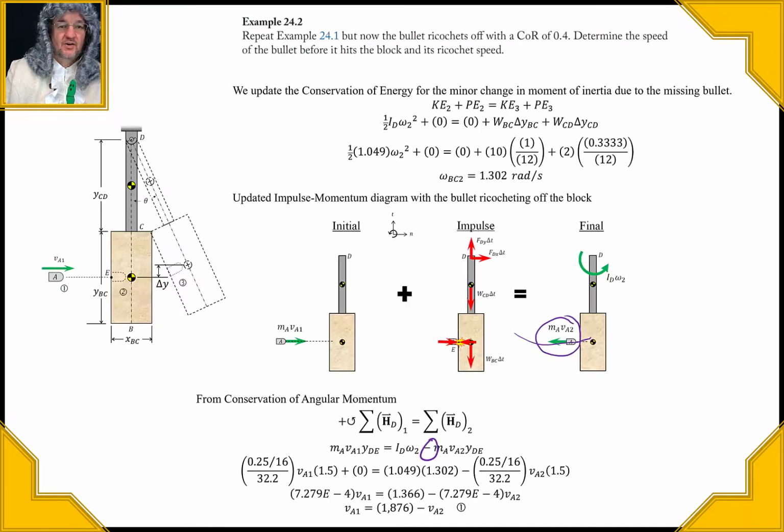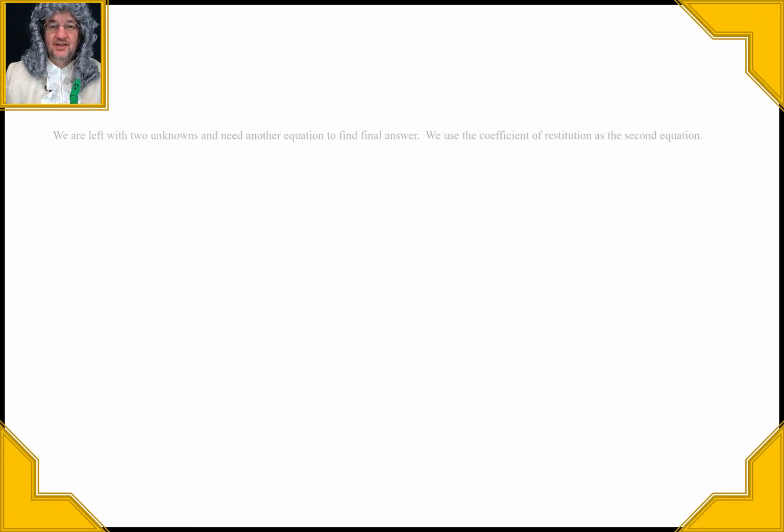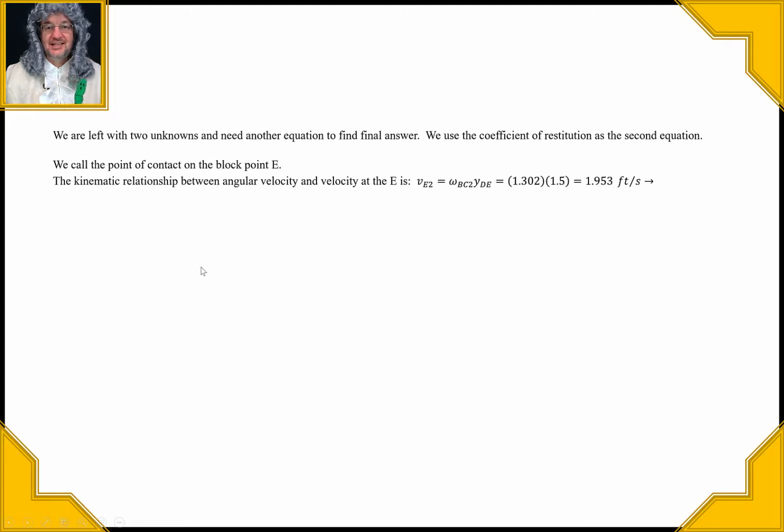Make sure that position, that's E right there, and we need to know what the localized velocity is, because that's what we need to use in the coefficient of restitution equation, as that is the velocity that's normal to the impact zone. So the kinematic relationship of the angular velocity and the velocity at E was this one right here. That's the velocity after the impact, localized on the block.